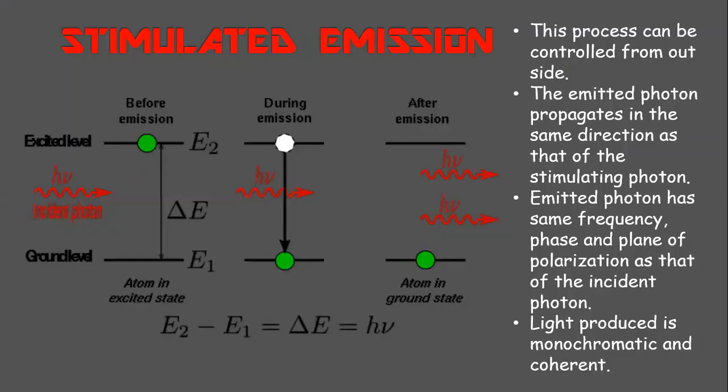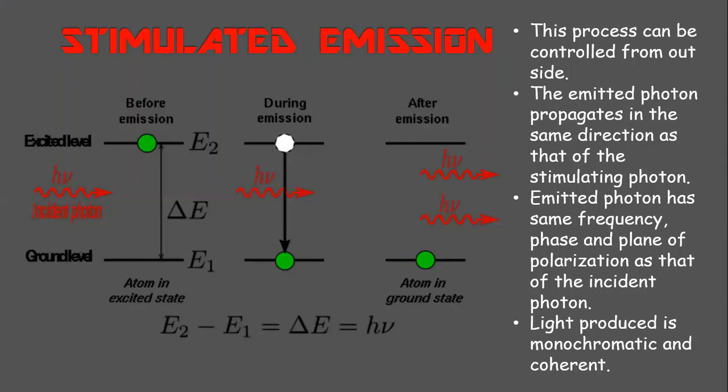Now let's understand stimulated emission. The process by which electrons in the excited state are stimulated to emit photons while falling to the ground state is called stimulated emission. So unlike spontaneous emission, in this process, light energy of the photon is supplied to the excited electrons instead of supplying energy to the ground state electrons.